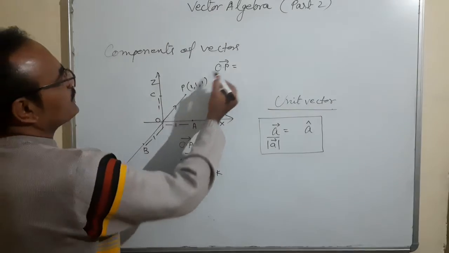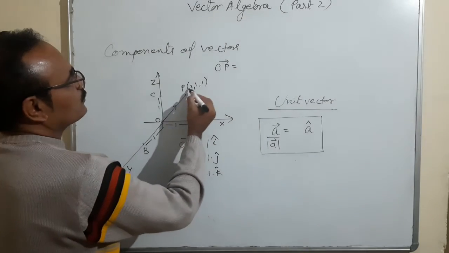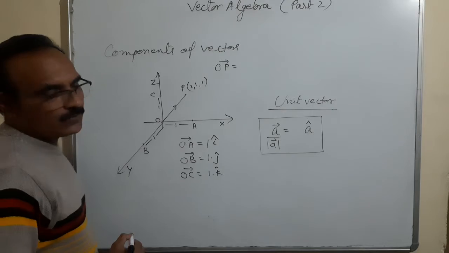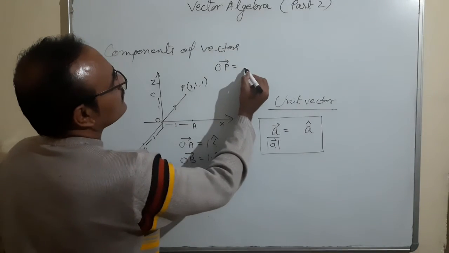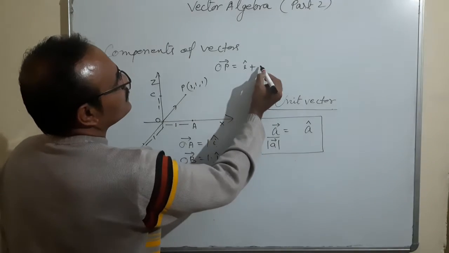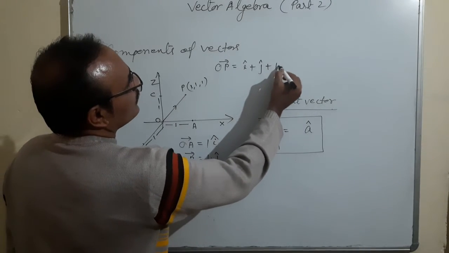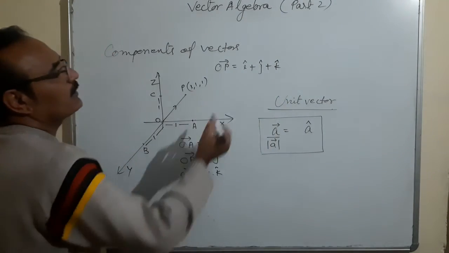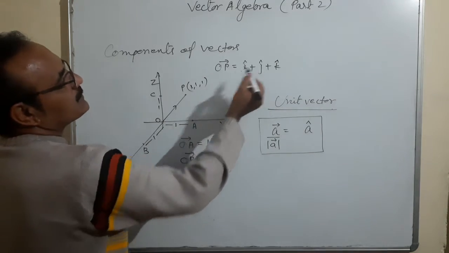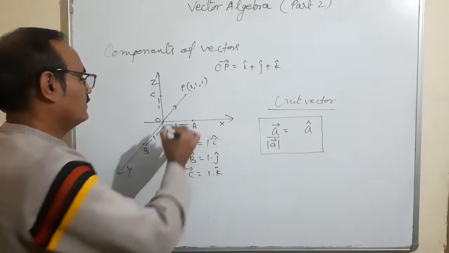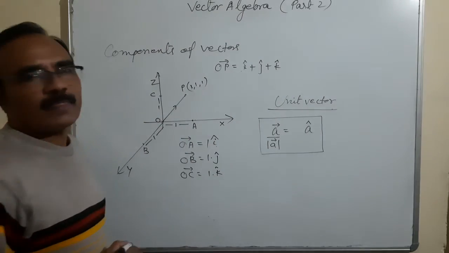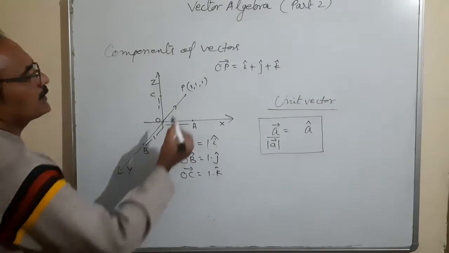Okay, so OP, that means this is the distance. When you convert it to vectorized form, you will write here 1I along the x-axis plus 1J plus 1K. So these are I cap plus J cap plus K cap. This is the vector OP, because here it is 1, 1, 1.